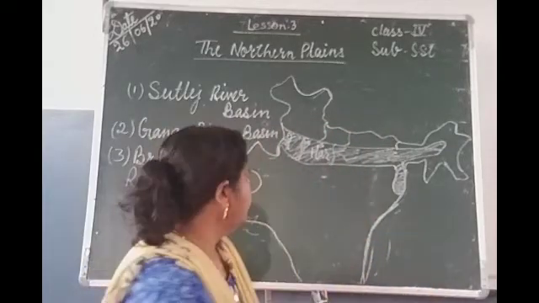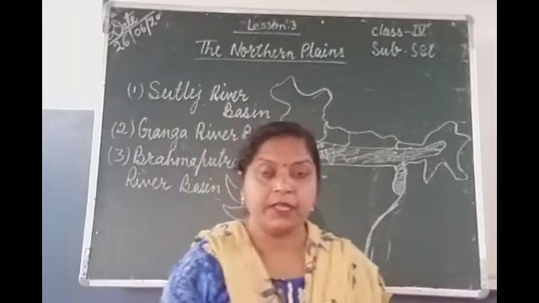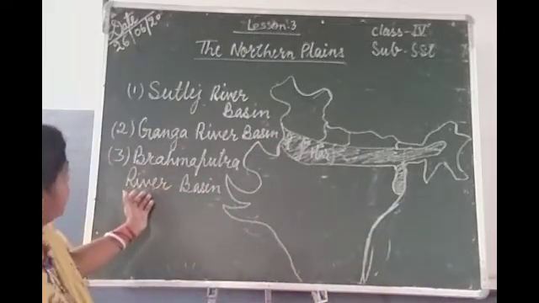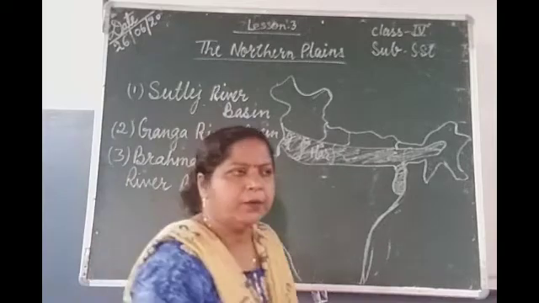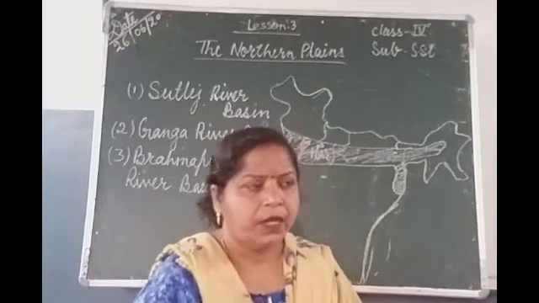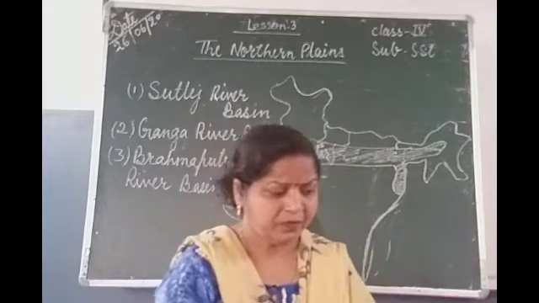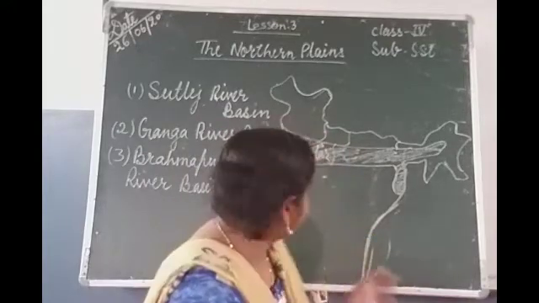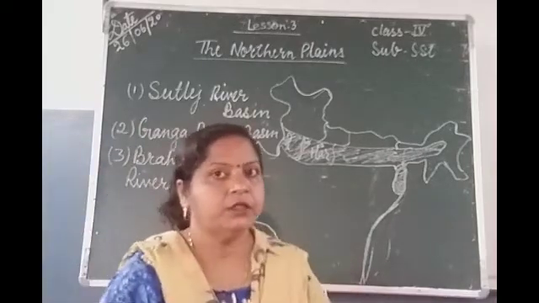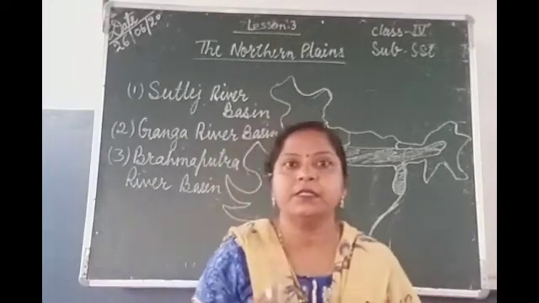So the Ganga river basin is in UP, that is Uttar Pradesh, Bihar and West Bengal. Now the third basin is the Brahmaputra river basin. This Brahmaputra river basin is made by the river Brahmaputra. It mainly originates in Tibet from Mansarovar, and in Tibet its name is Sangpo.